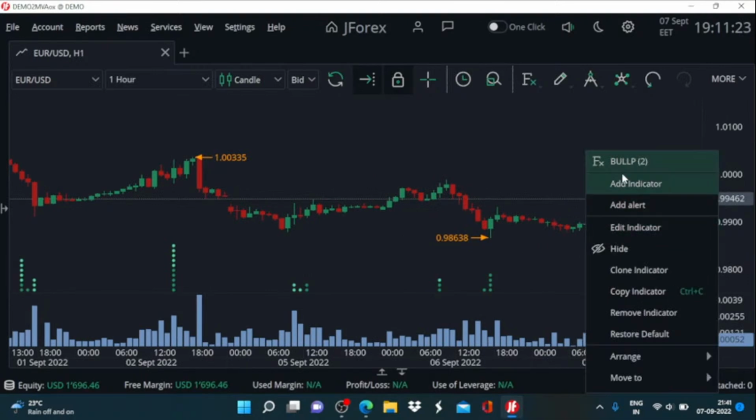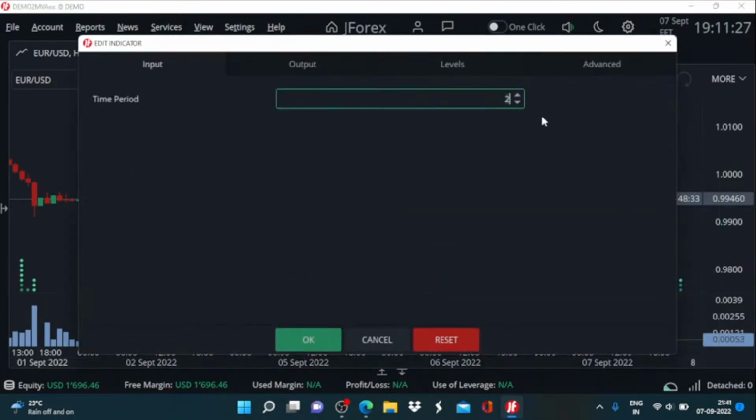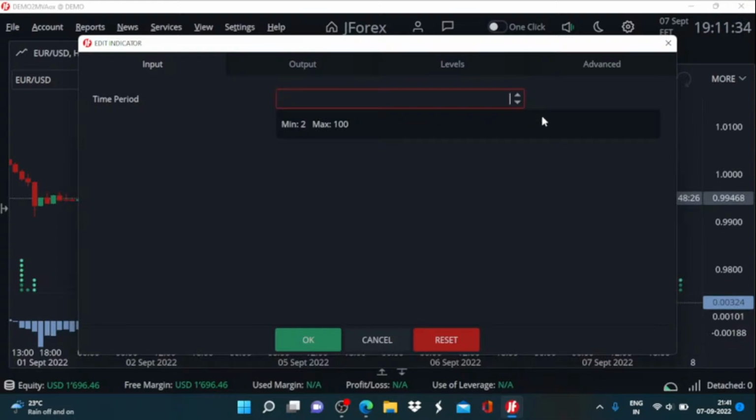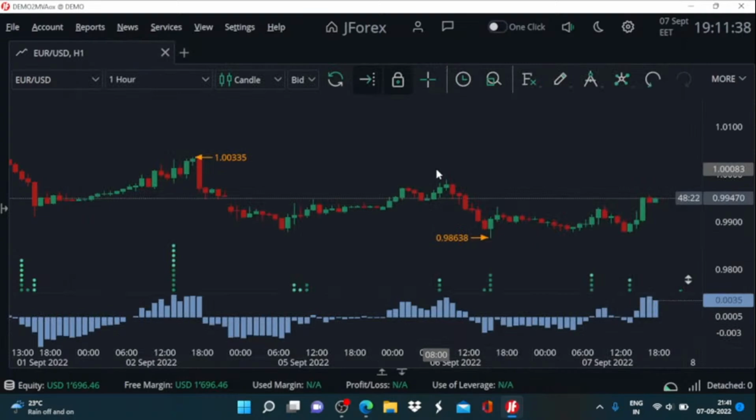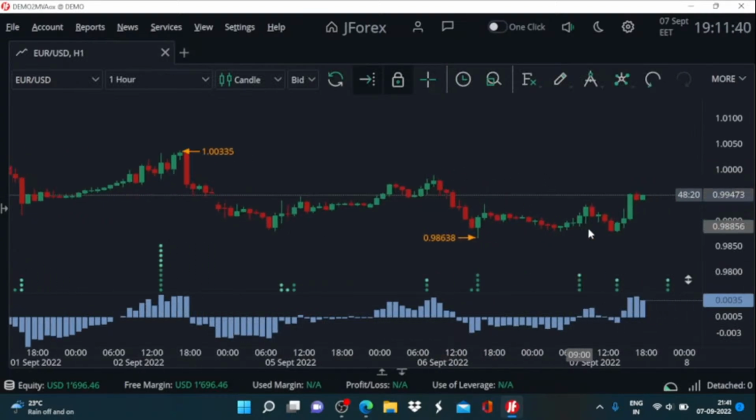But for the indicator to make sense, I don't really think it is a good idea to use only 2 hours worth of data. So now let's try out a larger time frame combination of 30. So here 30 hours worth of data is being used for plotting the indicator, and here also we are seeing changes in sentiments from bearish to bullish, and it is holding quite well.